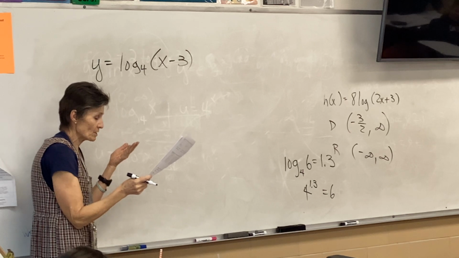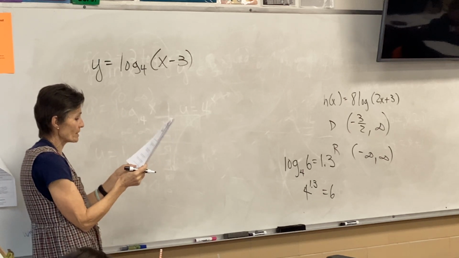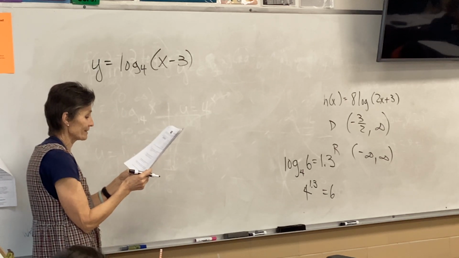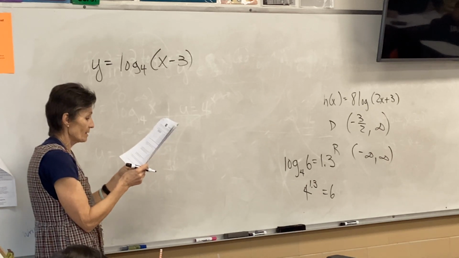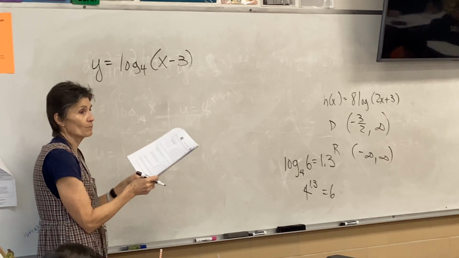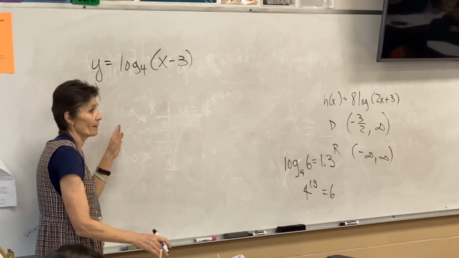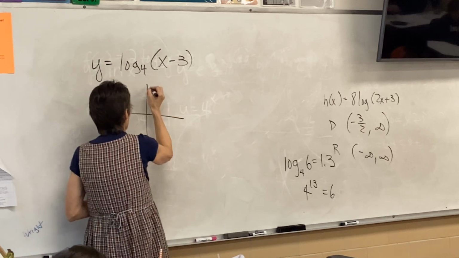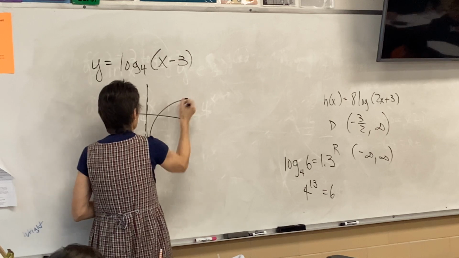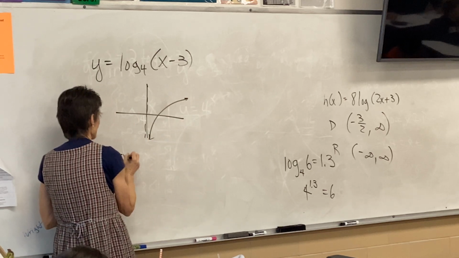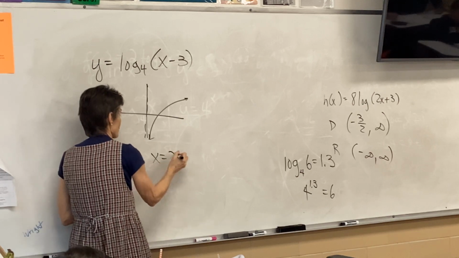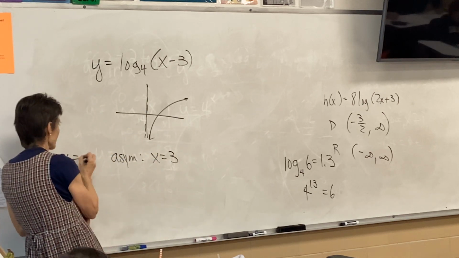So there's the new equation. How will this transformation affect the x-intercept, asymptote, domain, and range? Well, we kind of already talked about this. What's it going to do to the asymptote? Move it to the right 3. So your new asymptote will be x equals 3. It used to be x equals 0.